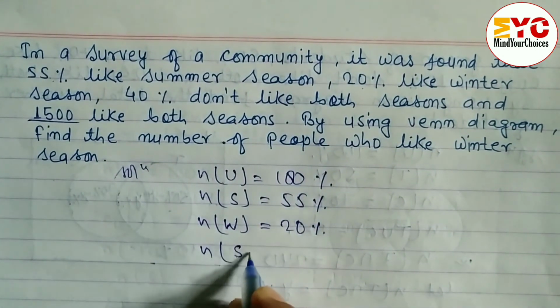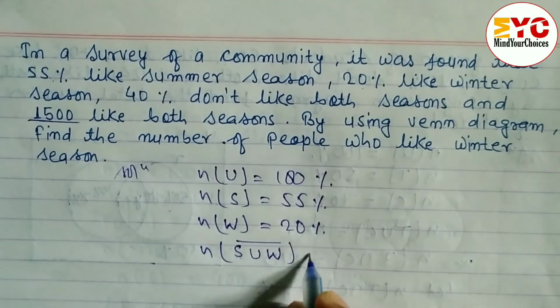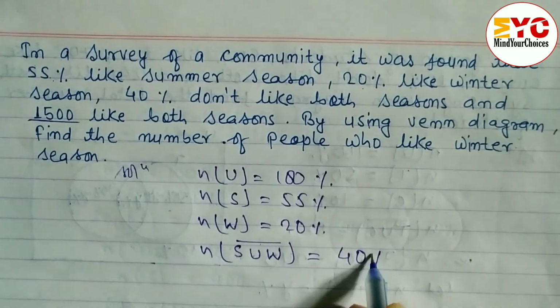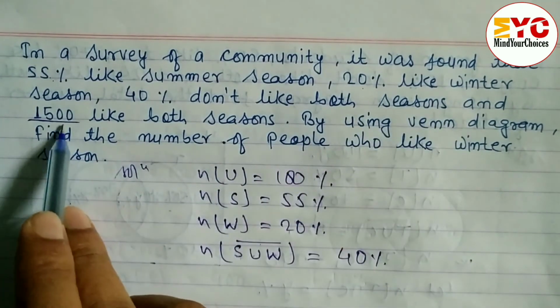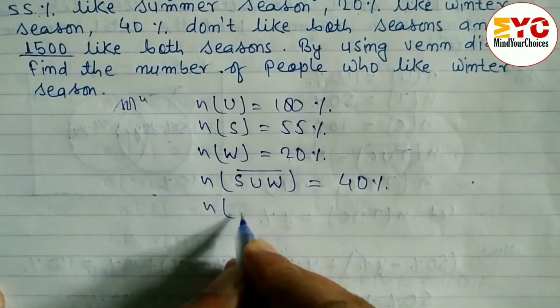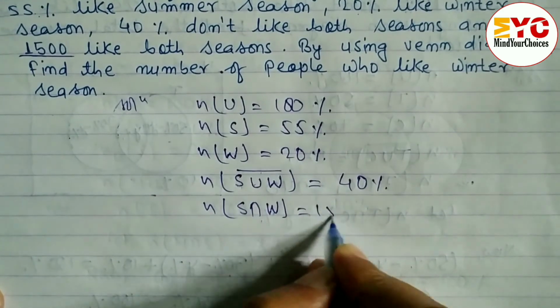So here we have S union W, and don't like means (S union W) complement, always union complement. If don't like, how much percent? 40%. After that, 1500 like both seasons. Both seasons means intersection, so we can write here S intersection W is equal to 1500.